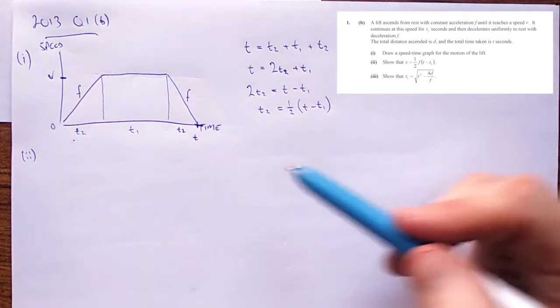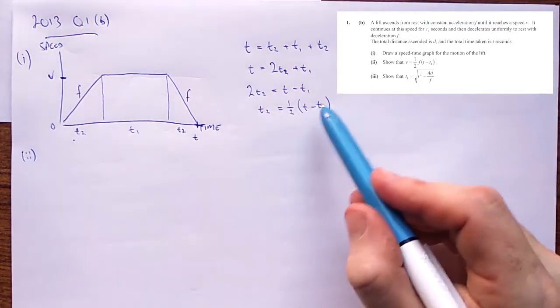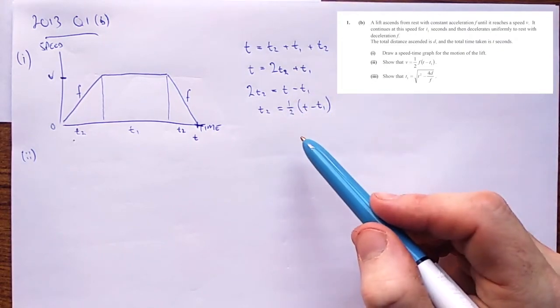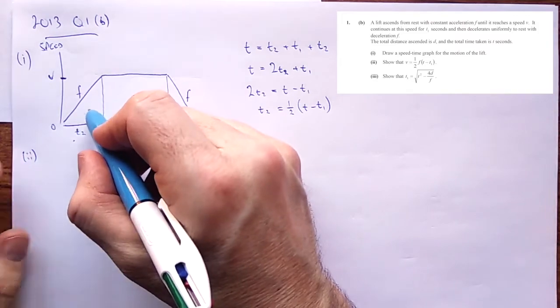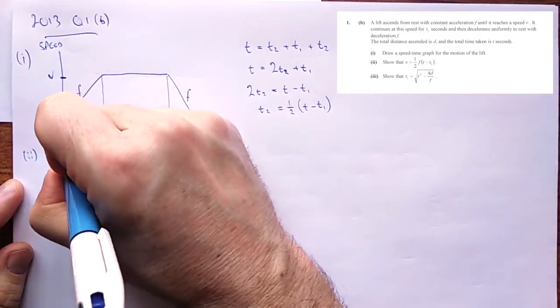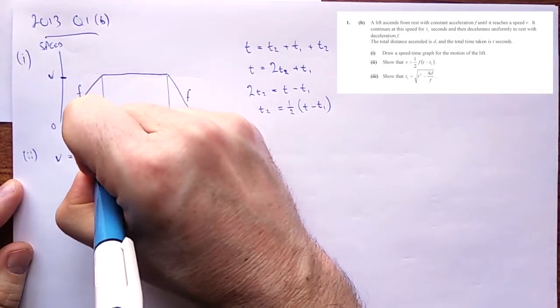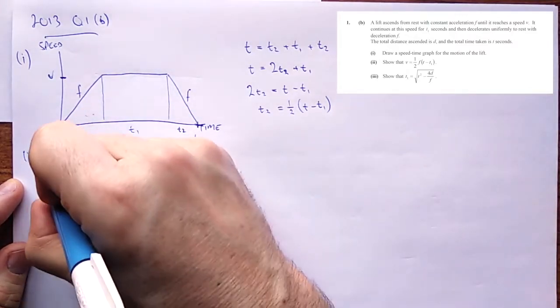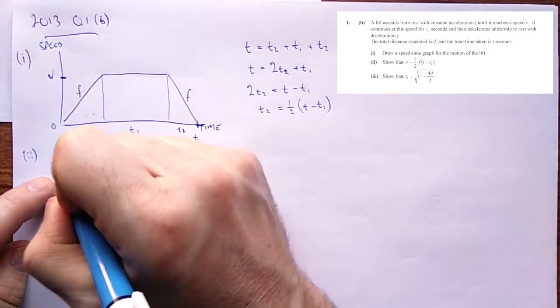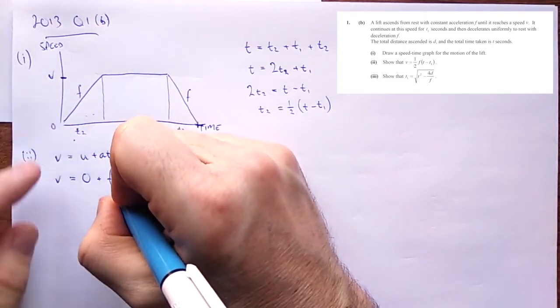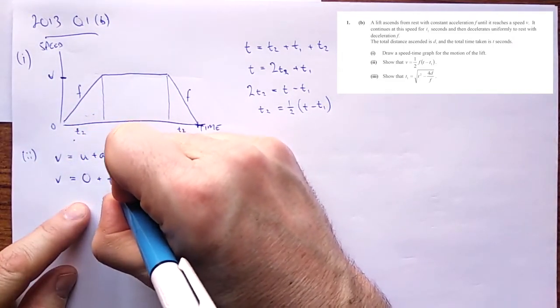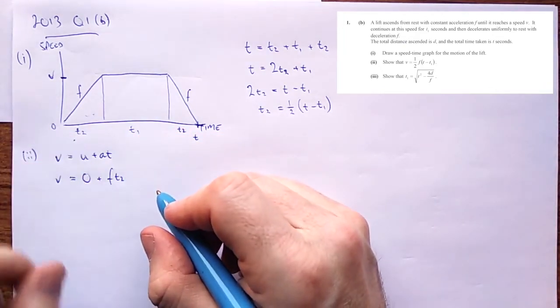And again, if you go back and look at what we're being asked to show in part 2, this looks like a big part of it. So over here, we're just going to take the first section to work with, using our nice simple v equals u plus at. We then know that the velocity is v, u is 0, f is the acceleration, and t2 is the time.